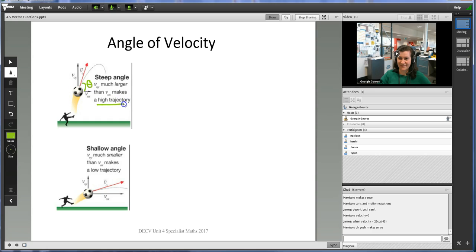So it means a high trajectory, but it doesn't go as far. The same ball kicked with a shallower angle has a smaller vertical velocity and a larger horizontal velocity, so this ball maybe will travel a greater distance. I don't know. Certainly won't go as high as the first one.